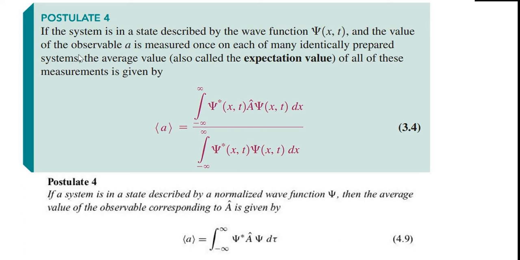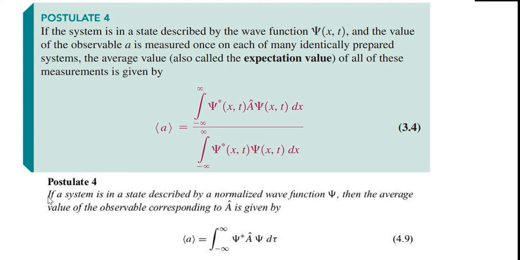If the system is in a state described by the wave function psi, and the value of the observable small a is measured once on each of many identically prepared systems, the average value, also called the expectation value, that means a kind of probability of all those measurements, is given by this. The second version is even simpler.